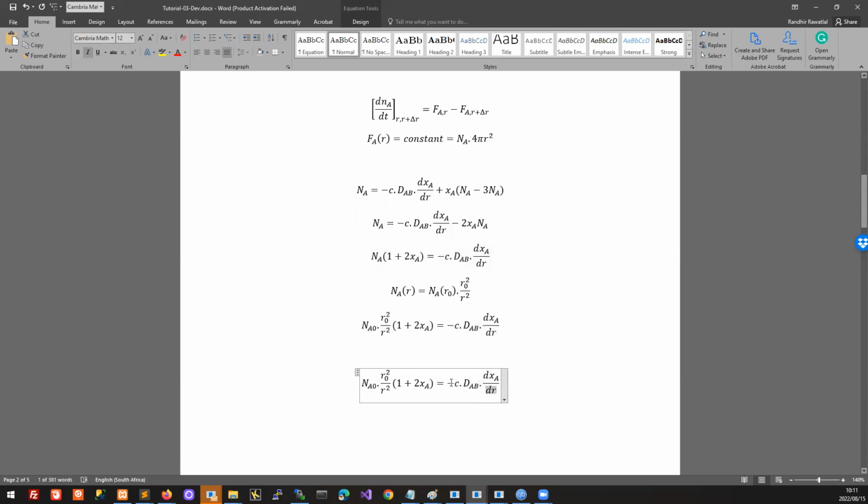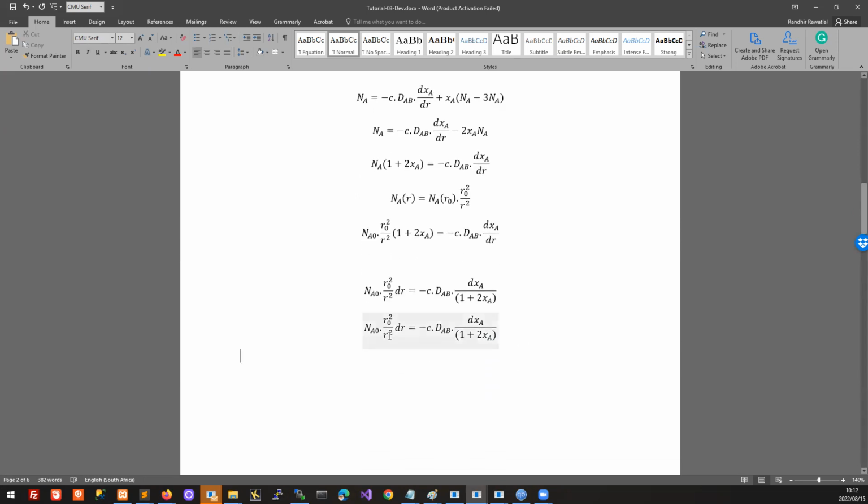There's nothing here that's explicitly in R, it's on this side. And then we're going to move this to the denominator on the right-hand side here. Right, and so now we've separated all the variables, all the R's on this side, all the X's are on that side. And the integral of 1 over R squared is minus 1 over R. So when we integrate this, we'll get minus 1 over R.